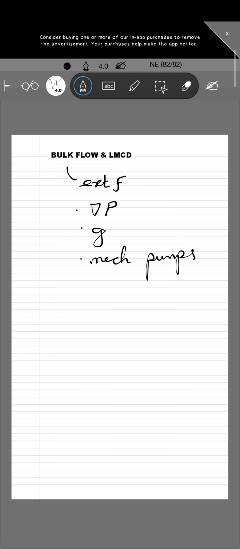So these make up the external forces that cause a bulk flow.